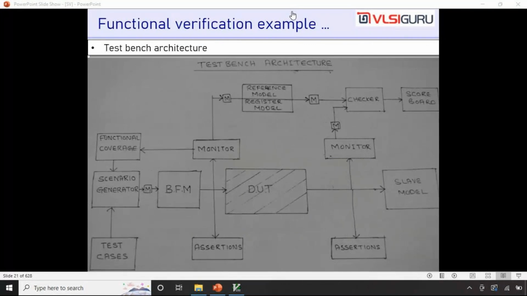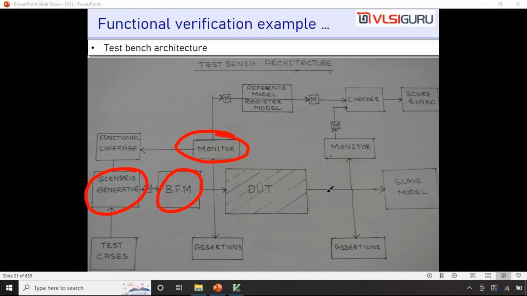One component for scenario generation, one component for BFM, driving the scenario, one component for monitoring purpose. One is monitor. Now the question comes, why monitor?